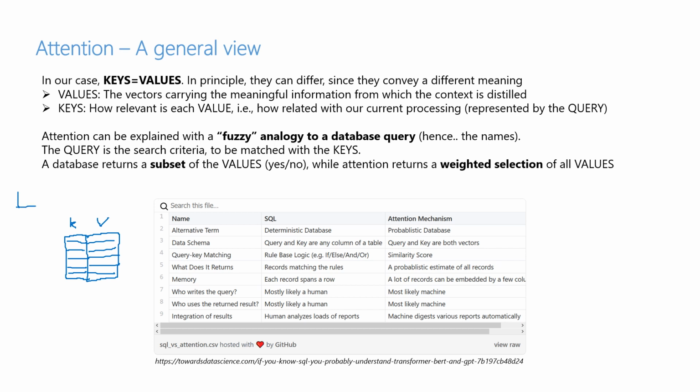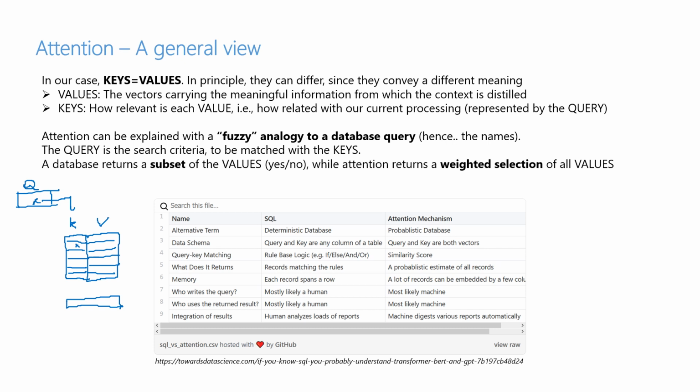So if we think of the query as some kind of selection criteria, we can use the query on the keys, and typically what we may get in a database query is one row when we have some set of keys here that match the query criteria.